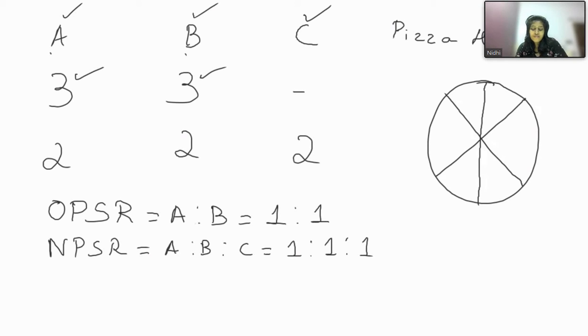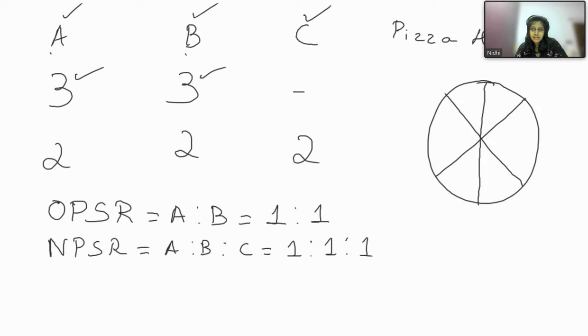So after admission of C, what is the profit sharing ratio? A, B and C are sharing the ratio as 1:1:1. Agreed? Because each of them is getting 2 slices. So equally they are getting a share in the pizza, which in this case can be considered as profits.